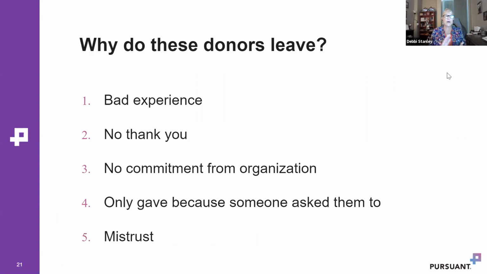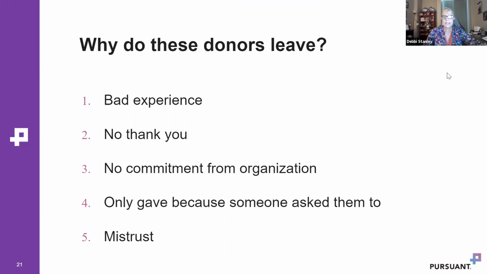Now, there's a variety of reasons people leave. We're just talking about that bad experience. According to Giving USA, of the top 5 reasons people leave, the top 4 far surpass number 5. A lot of uninformed people in our industry say, well, people leave because they don't trust the nonprofit industry.